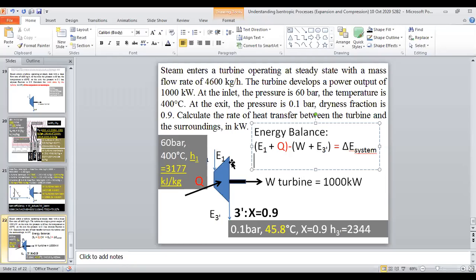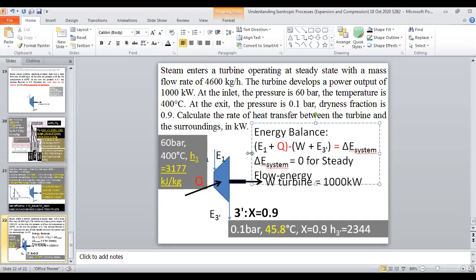So when you have a steady flow energy, delta E system can be zero for steady flow energy.